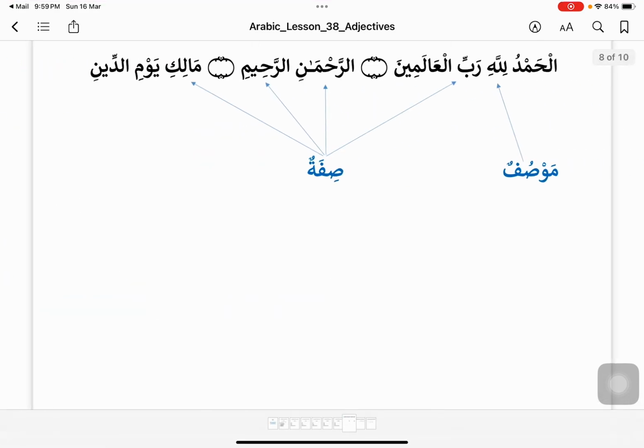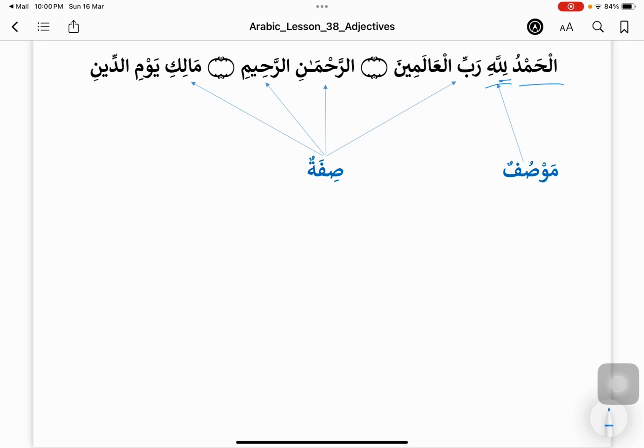Now we come to the first 3 verses of Surah Al-Fatiha, and there is a lot of use of sifa and mawsuf in these 3 verses. Alhamdulillahi, so lillahi, the great name of Allah, lafdul jalala.